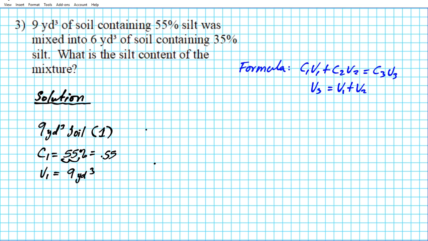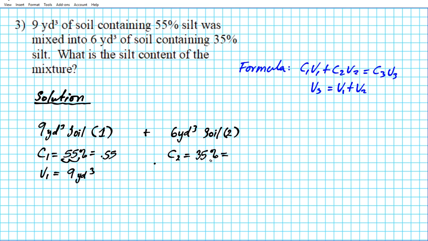And then we're adding that with the 6 cubic yard soil, which is soil 2. The concentration of the 6 cubic yard soil is 35% silt.